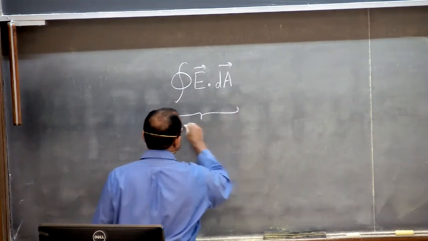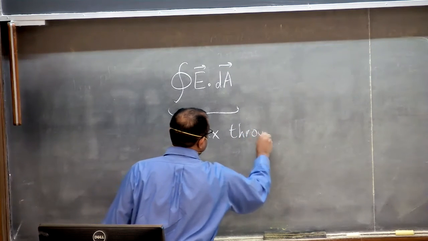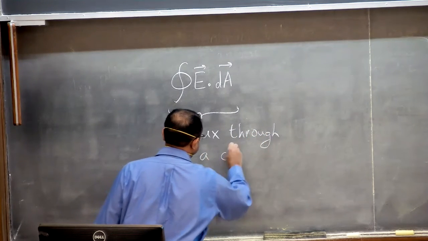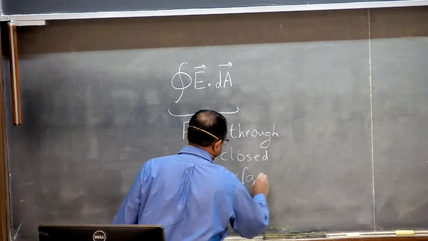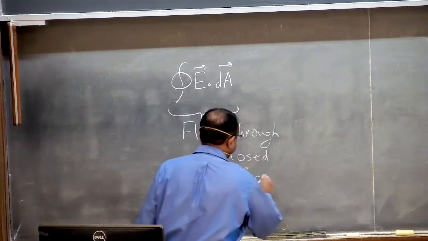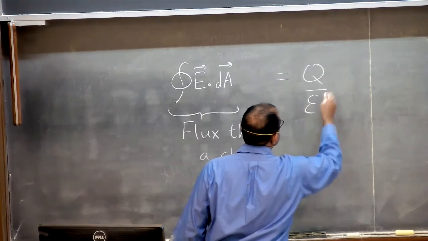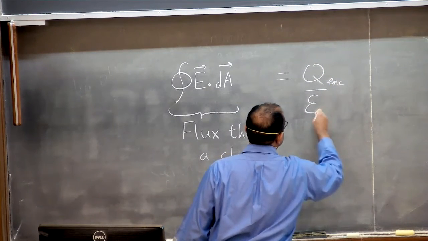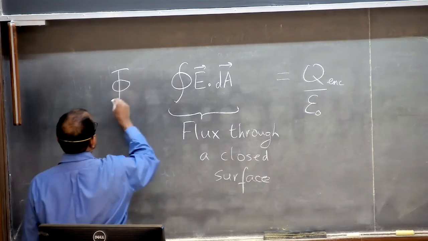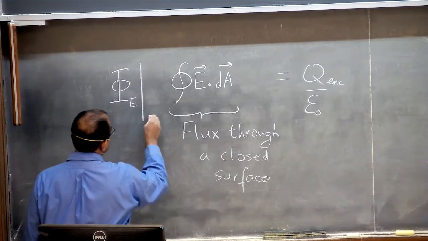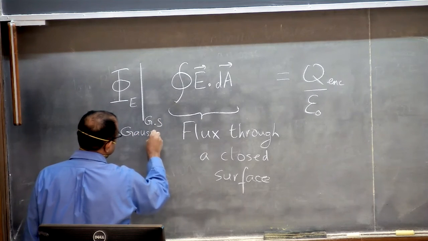So this is flux through a closed surface. And Gauss's law says that this is going to be equal to the charge enclosed over epsilon naught. This is electric flux. I'm putting GS here for Gaussian surface.